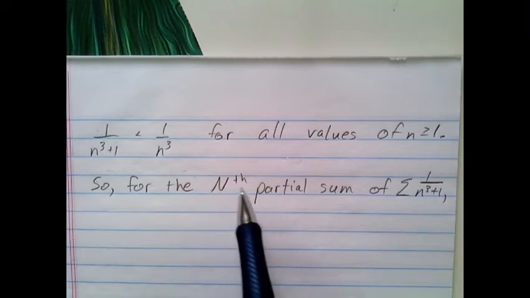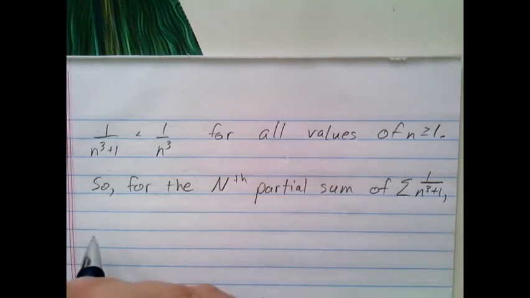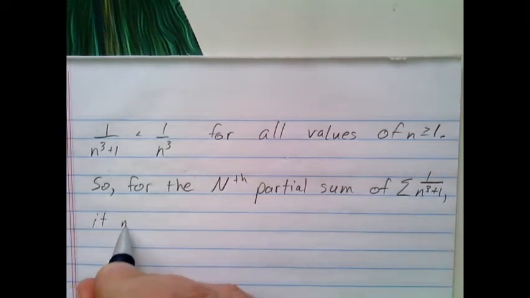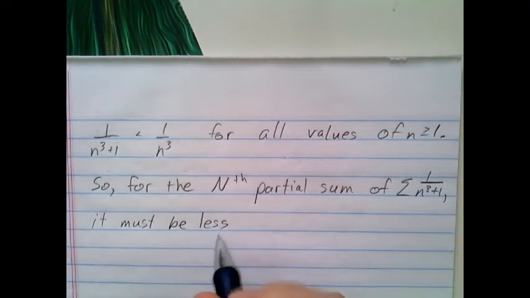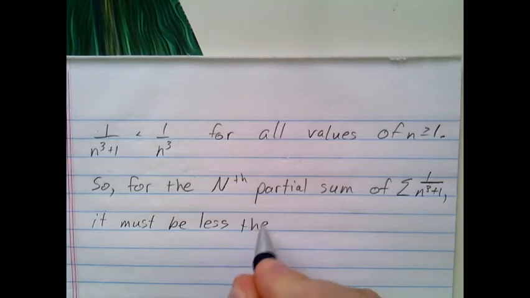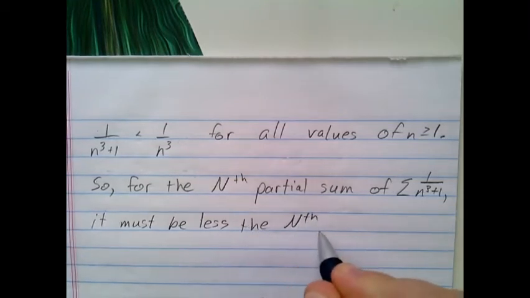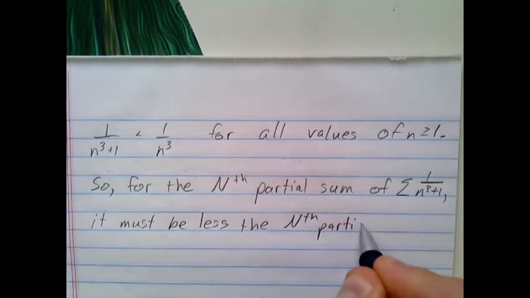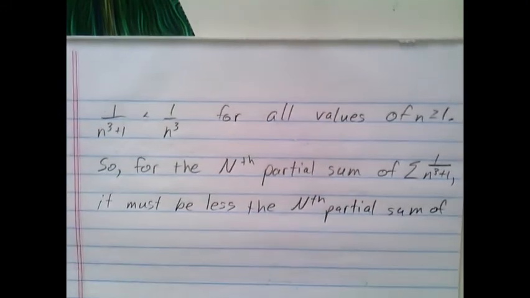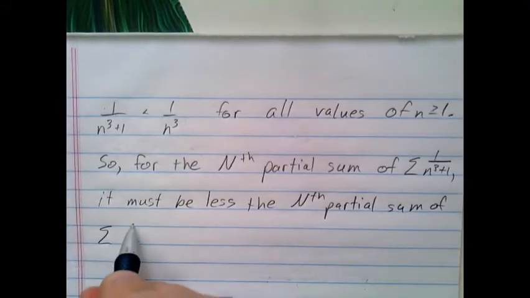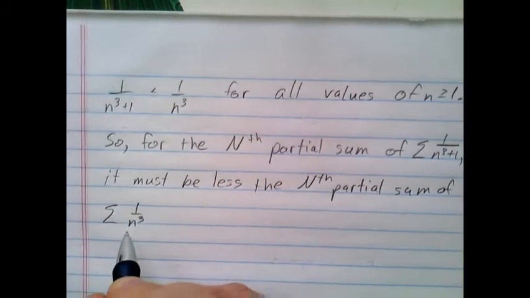For the Nth partial sum of this series, it must be less than the Nth partial sum of the series where we would just have 1 over n cubed.